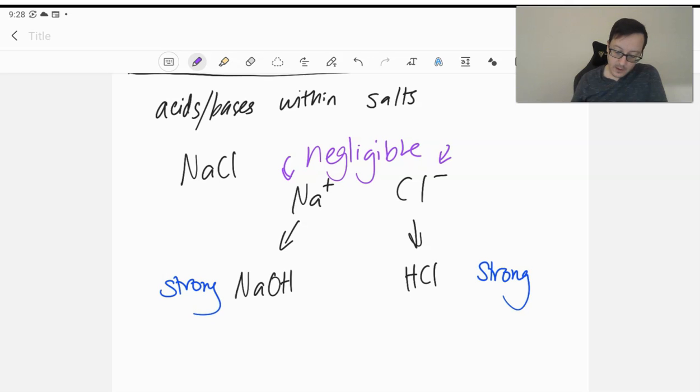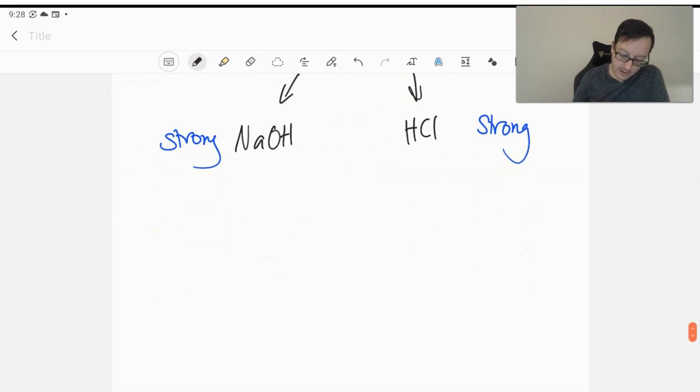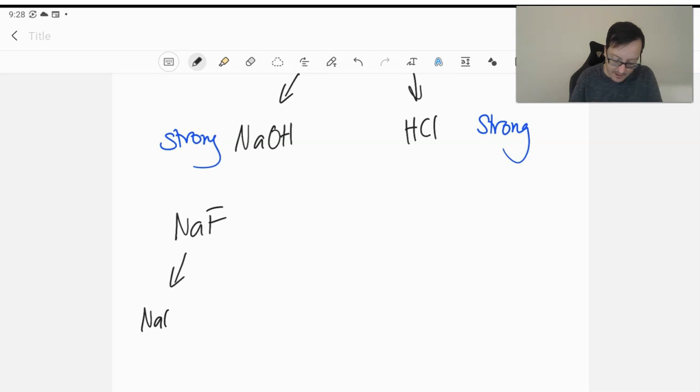However, if we take something like sodium fluoride, we know that sodium comes from NaOH. The positive one, again, usually is from the base, the negative one from the acid.